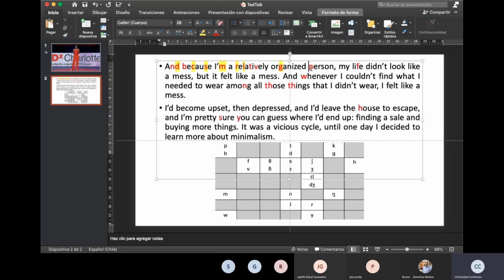The next consonant sound, maybe I cannot see who's in the meeting. Does anyone want to explain this sound? Maybe Sebastian. I want to explain.